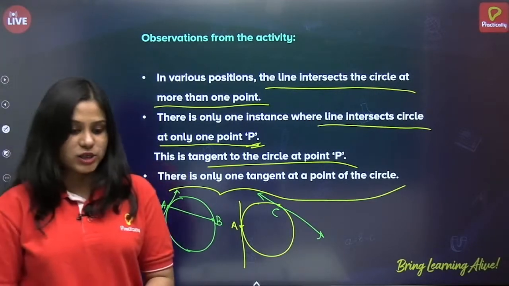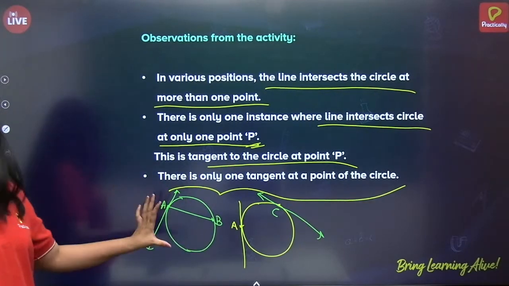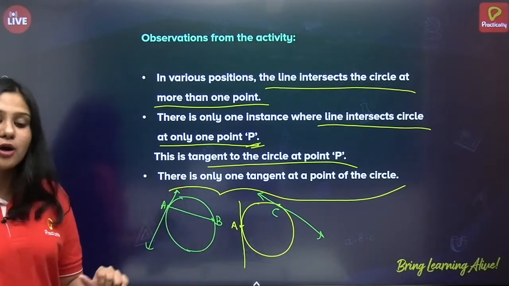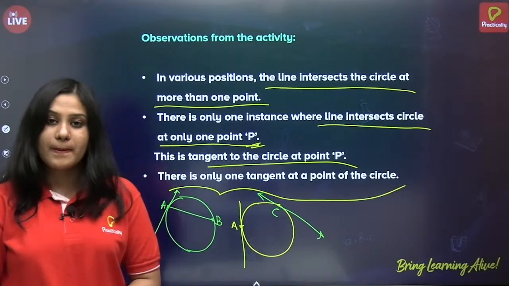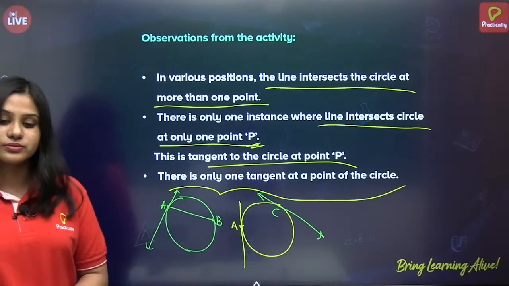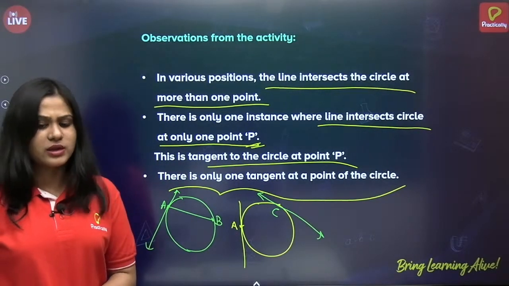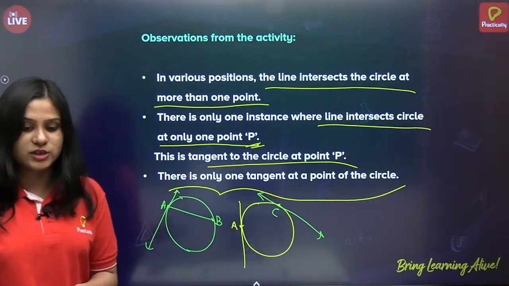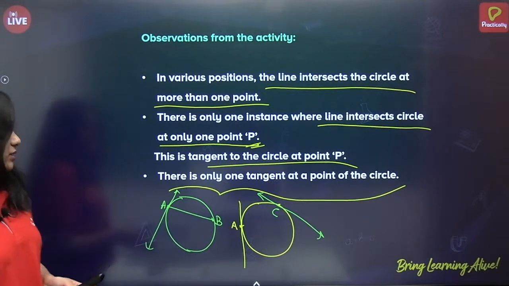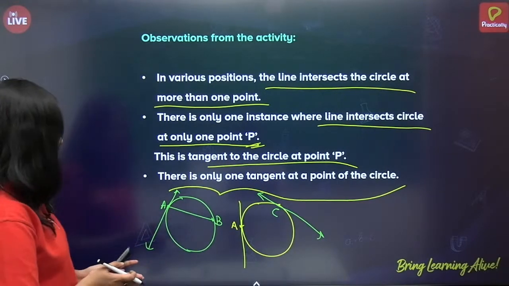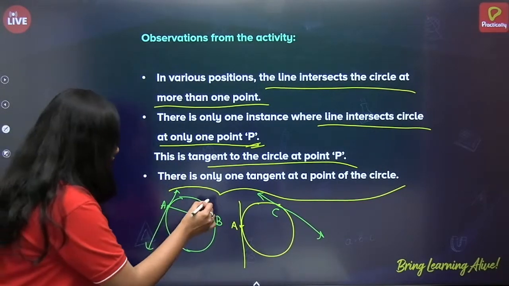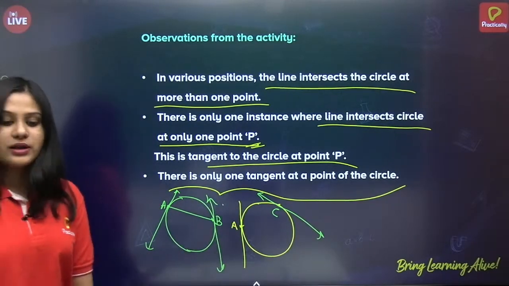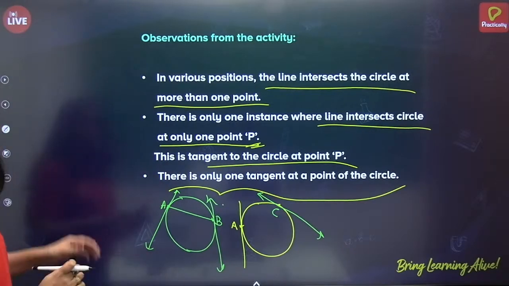Now at point B, how many tangents can I draw? Exactly, right? Yes, total 2 tangents, at A one tangent and at B one tangent. Very good.